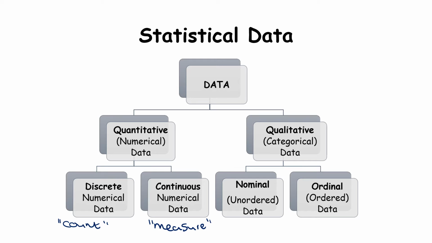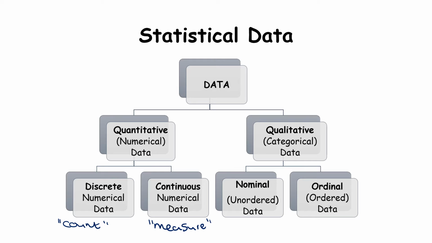You can't have half a student, and that's why we would consider it discrete. However, it gets complicated when we get into money or when we get into shoe sizes that might have half. So an easier way than thinking of fractions and decimals is discrete, things you count; continuous, things you measure.